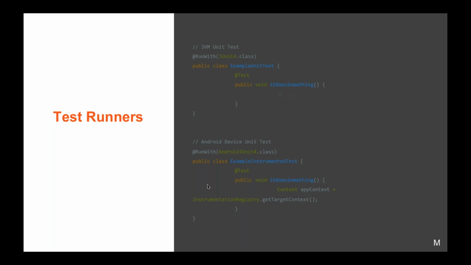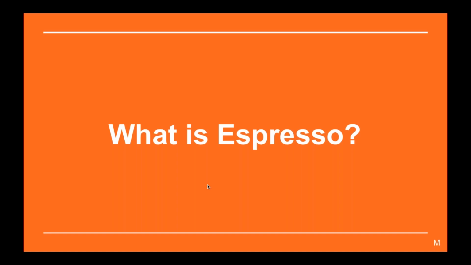In my opinion, Espresso is almost like an integration framework rather than a UI framework, because it allows you to do a lot of things under the hood which other frameworks, such as Appium, do not. Appium is more like black box automation, while Espresso allows you to do more things. That's how the test runners look for JUnit 4.